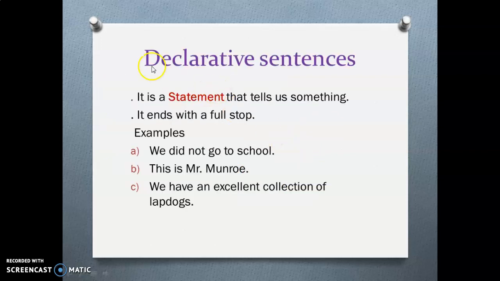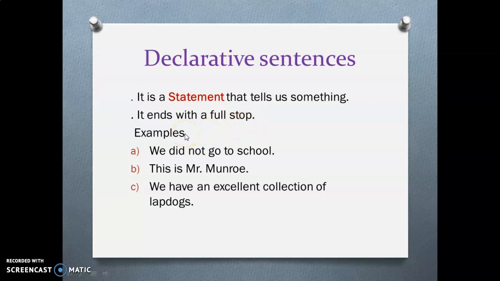We're going to start with the declarative sentences. A declarative sentence is a statement that tells us something, and it always ends with a full stop.